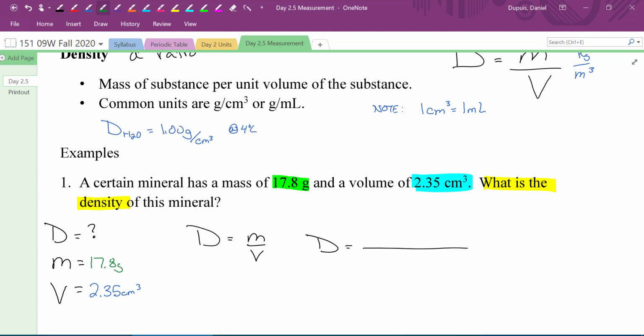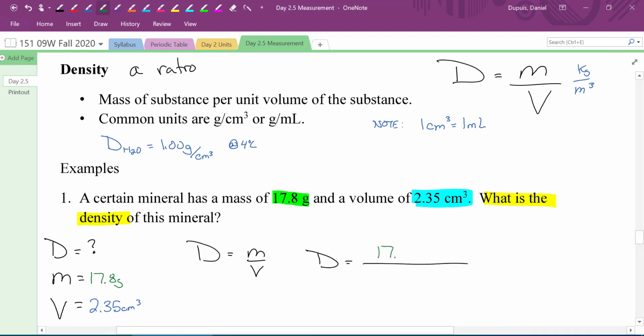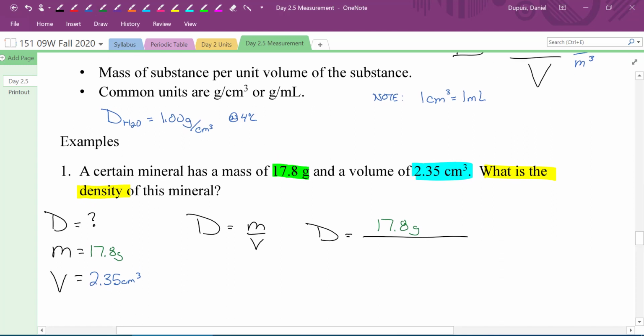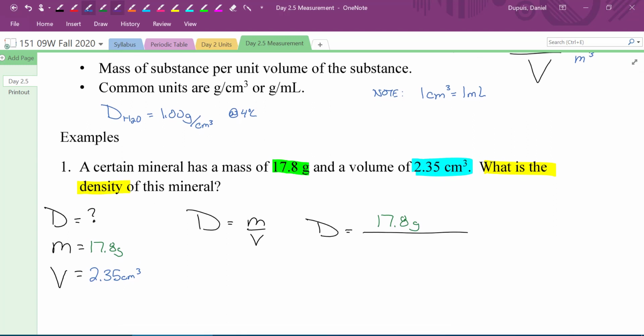So the mass, 17.8 grams, and the volume, 2.35 centimeters cubed. If I do this, I get 7.574468 grams per centimeter cubed.